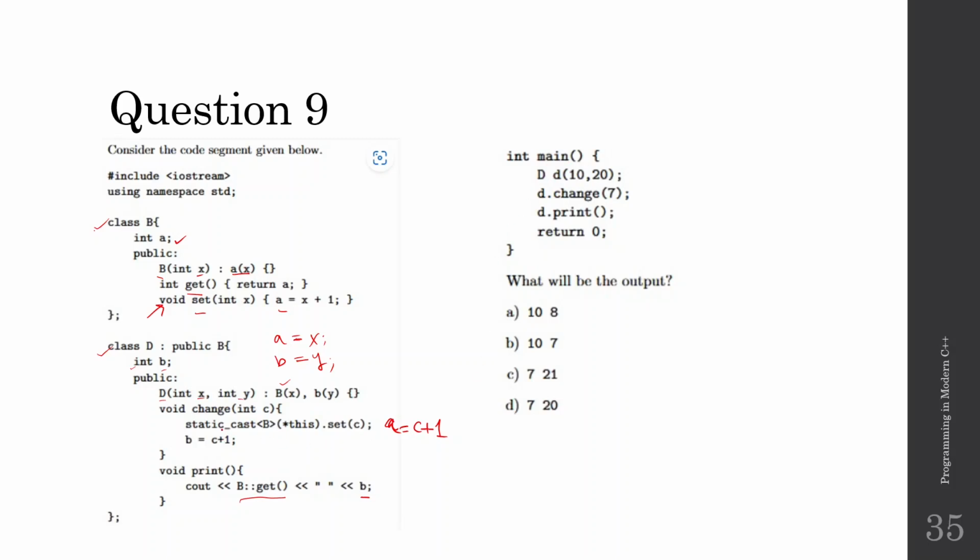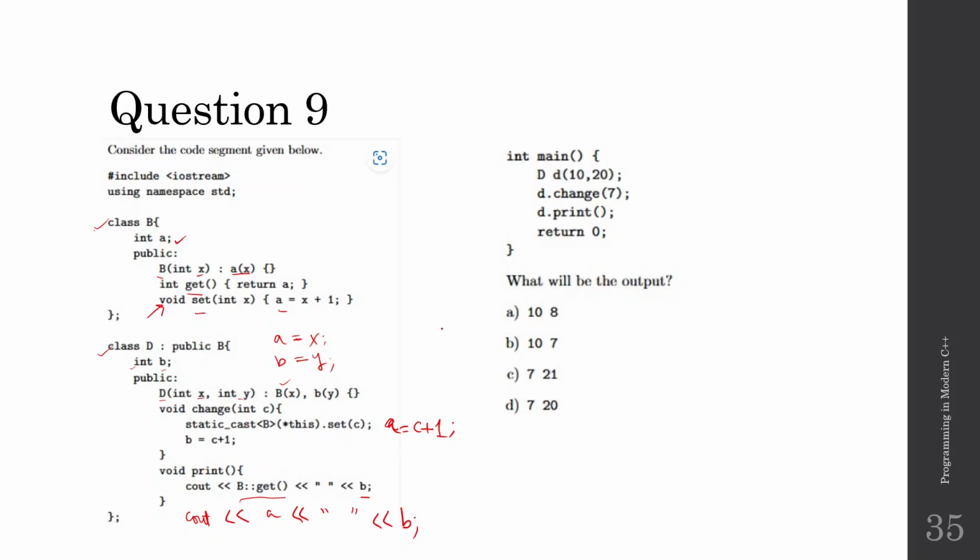If we did not have the casting, the first line would be a equal to c plus 1 and the second line would be b equal to c plus 1, and B::get returns a. So this line is equivalent to cout a, then space, and b.